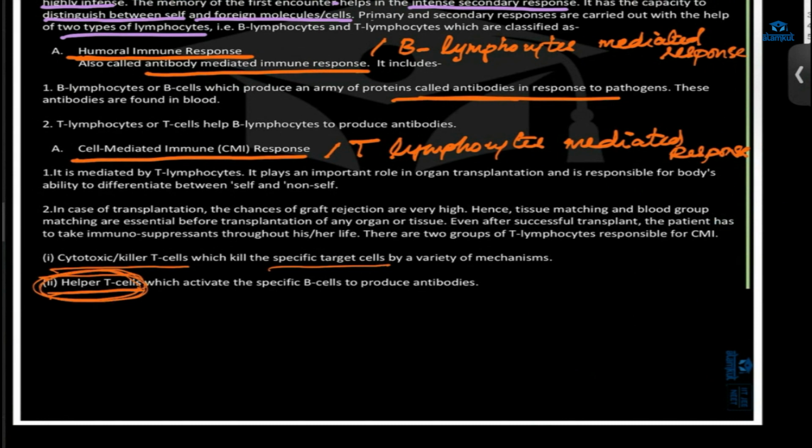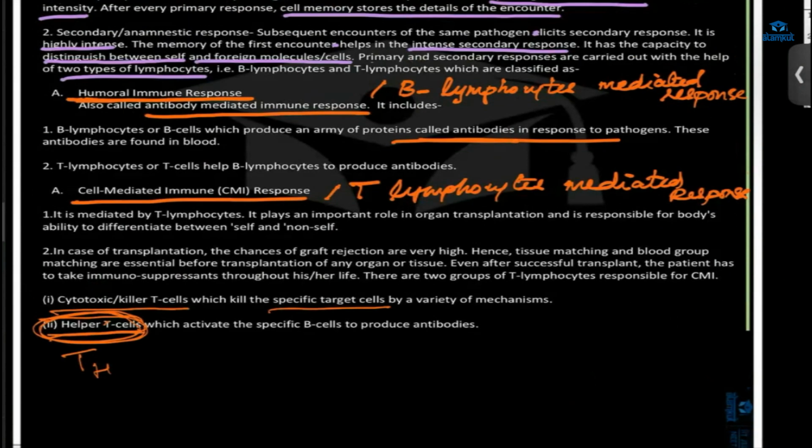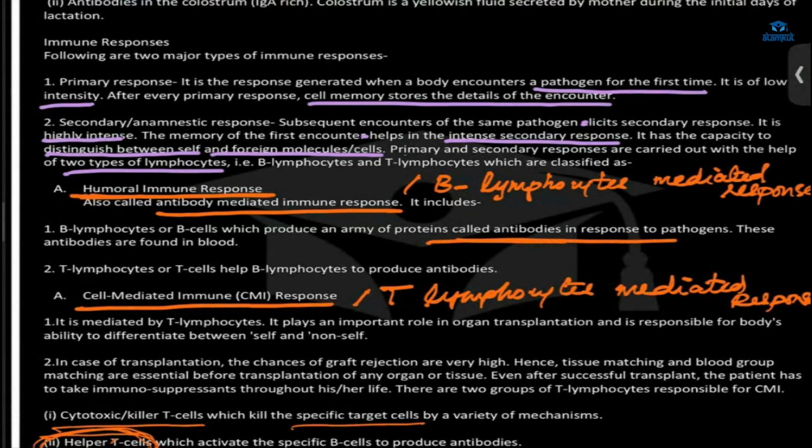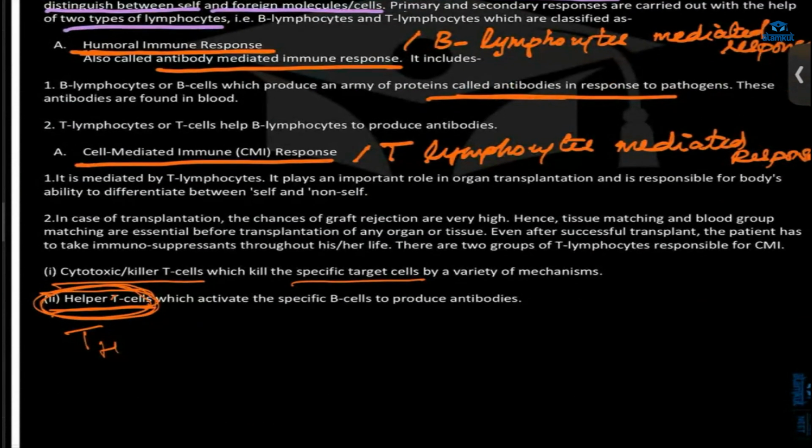And what is the work of the helper cell, the TH cell? It activates the B cells. B cells turn into plasma cells, right? Yes, ma'am, which will produce the antibodies, and this helper cell activates the plasma cell.